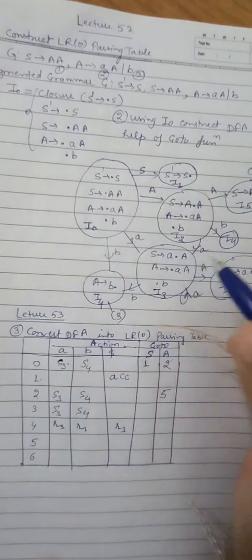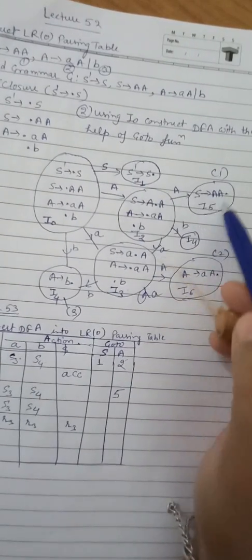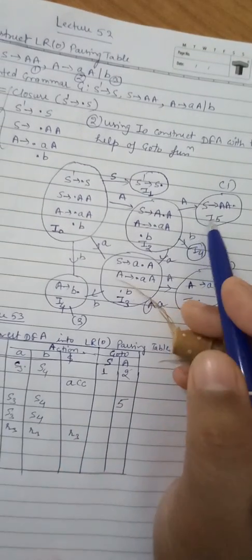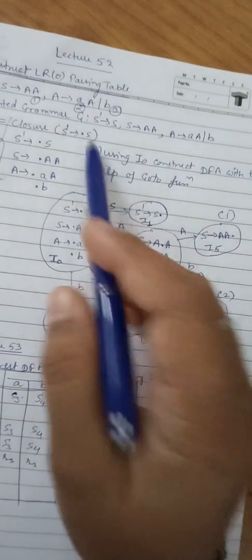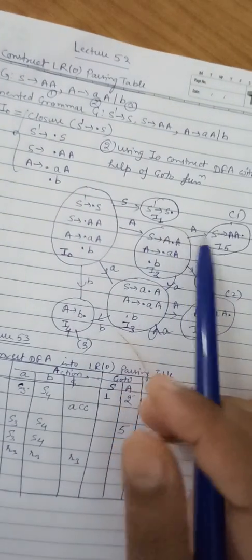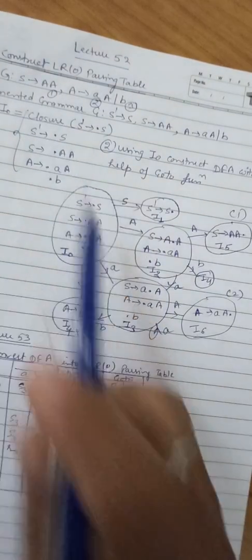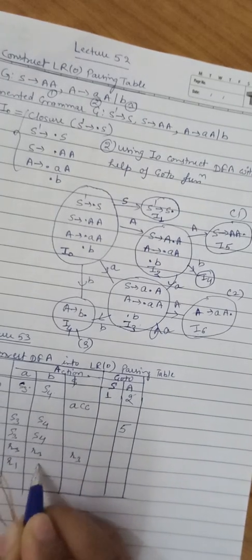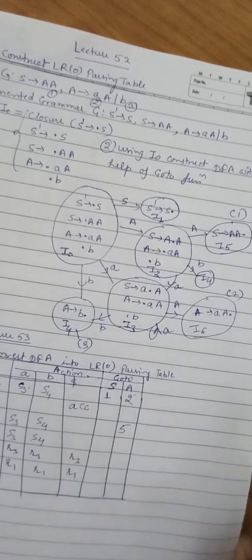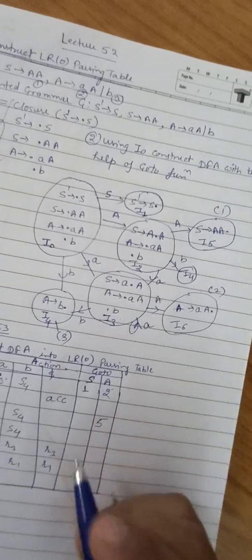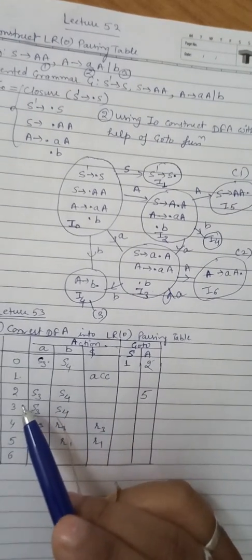In a similar way, at the fifth state, I5, this is the first production, so it is completed here. It means R1, so we will write R1, R1, R1. And one thing is left: the third state.